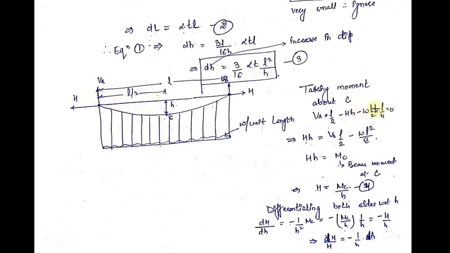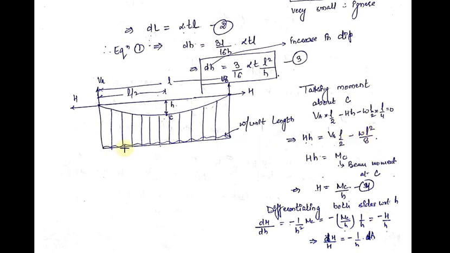This is your point load, and it will act at the center of L by 2, that is L by 4. Half of L by 2 is L by 4. So therefore, the perpendicular distance is L by 4. This is equal to 0. After solving this equation, I will get capital H into small h equal to VA into L by 2 minus WL square by 8.